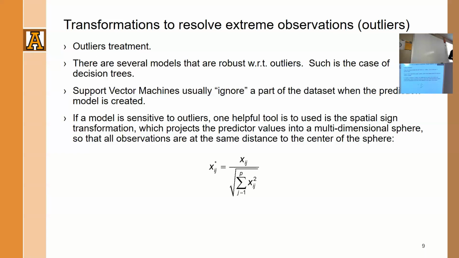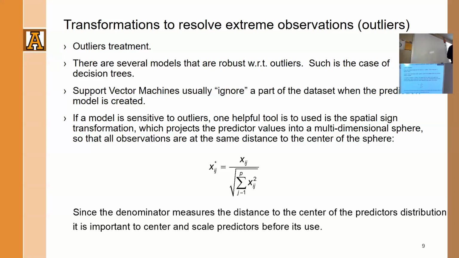The transformation takes the original value and divides it by the square root of the sum of the squares of each of the p variables that we have. That's what the transformation does. It projects everything onto a circle.